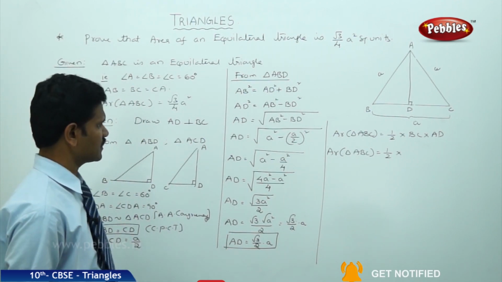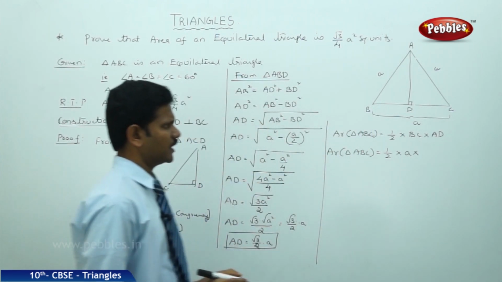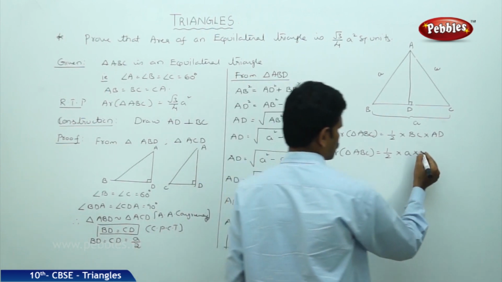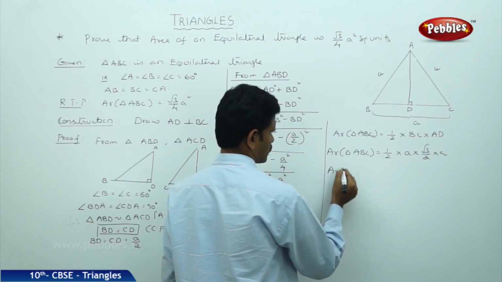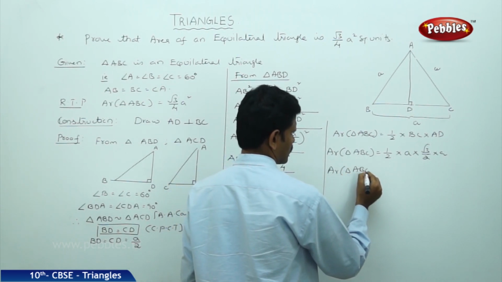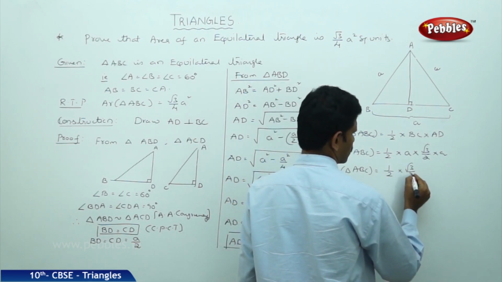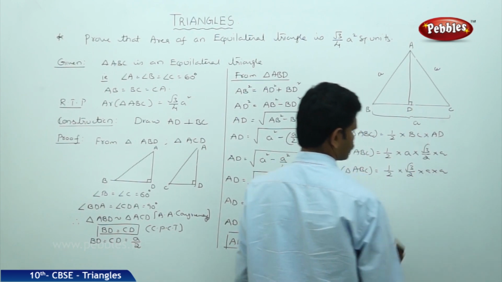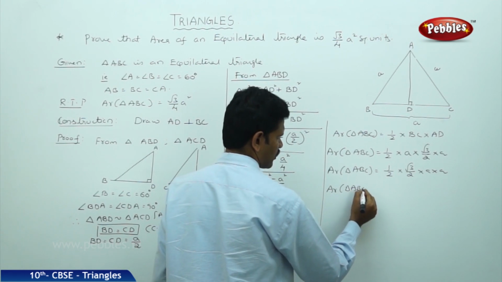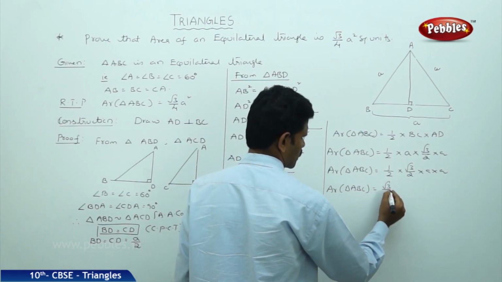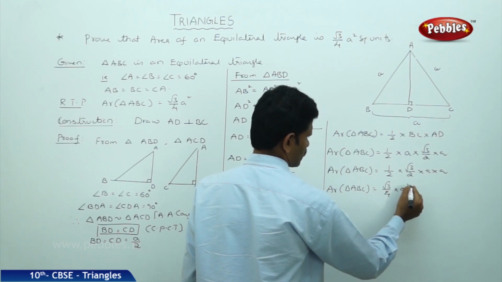The value of BC is A units, and the value of AD is root 3 by 2 into A. That is, area of triangle ABC is equal to half into root 3 by 2 into A into A. That is, area of triangle ABC is equal to root 3 by 4 into A square.